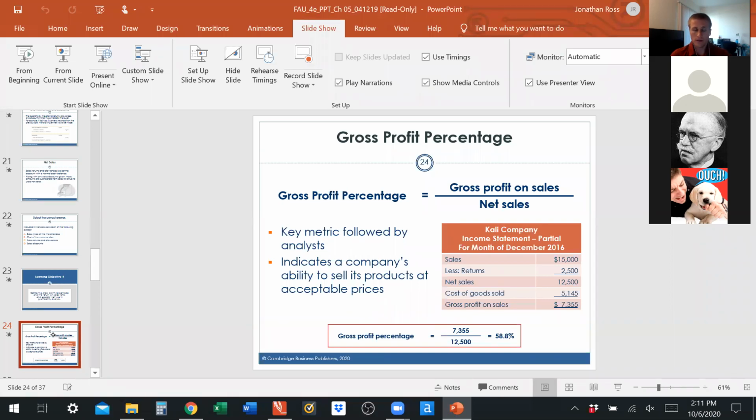Their sales were $15,000, right? They sold 30 cameras. But the sales returns and allowances were $2,500, so we have to subtract that, right? If there were any sales discounts that they offered to their customers, they would have to subtract those. It didn't tell us about any. So sales minus sales returns and allowances is equal to the net sales, in this case, 12,500.